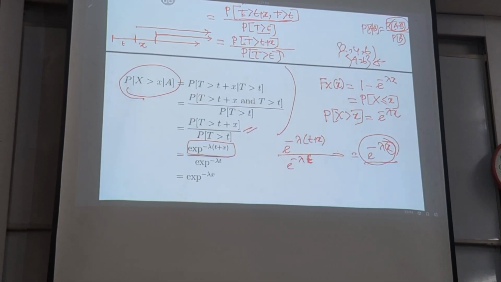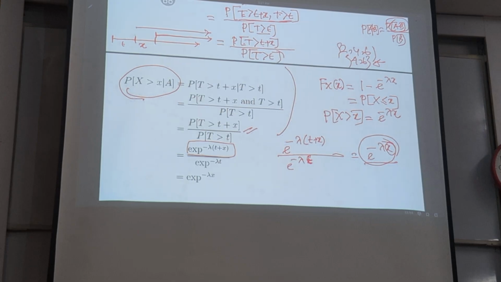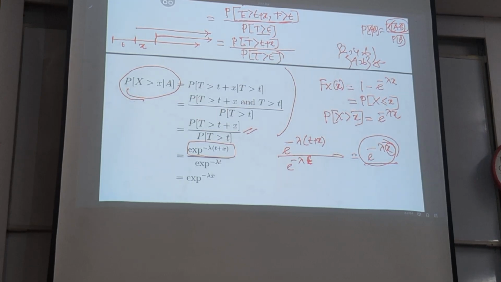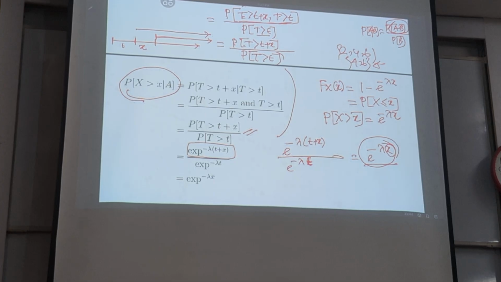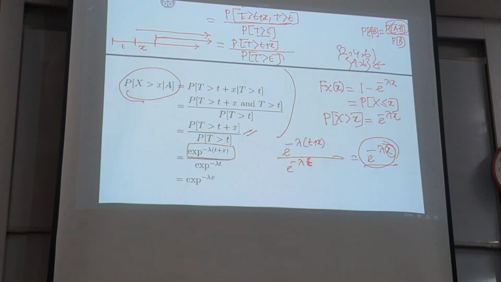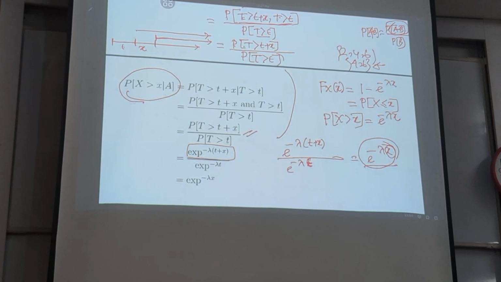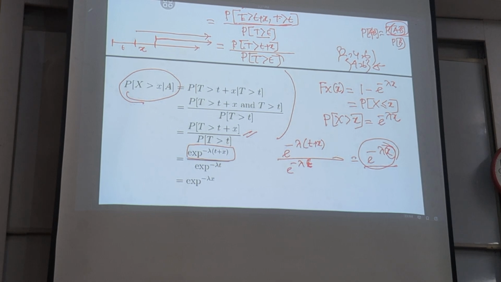Like, if the average lifetime of a bulb is 6 months, after 6 months it will still remain its average lifetime of 6 months. And the probability that it will last 1 month or 2 months or 1 year will still remain the same as if it is reborn, because it always forgets its past.